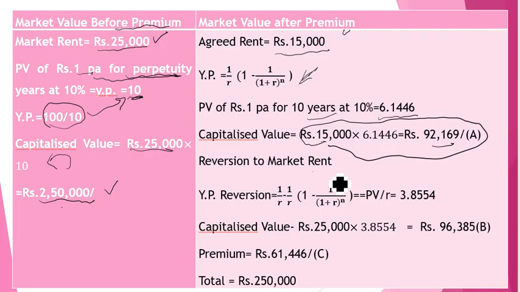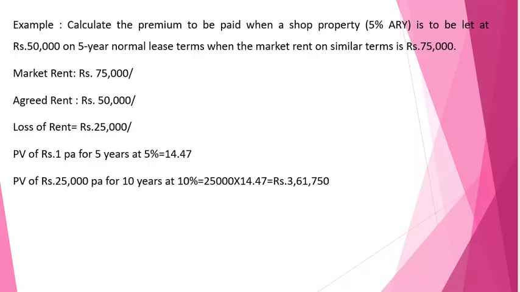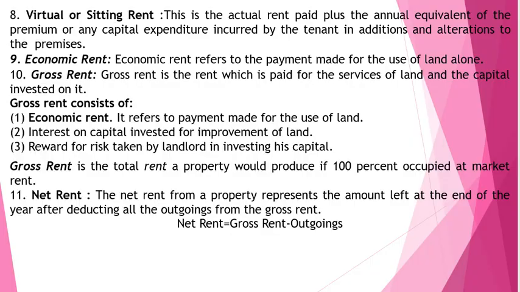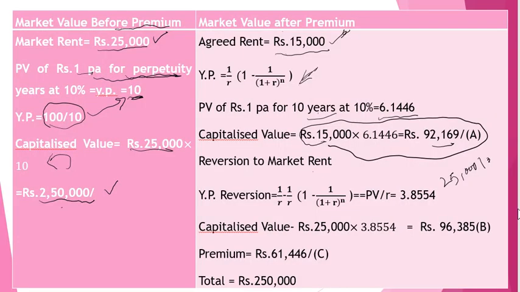What will happen? The person will get 25,000 as rent. So for the first 10 years he is getting 15,000 as rent. After 10 years rent will be equal to 25,000. So we will be applying after 10 years.